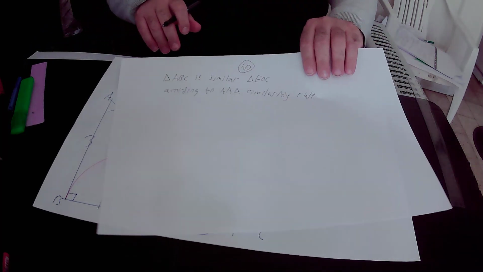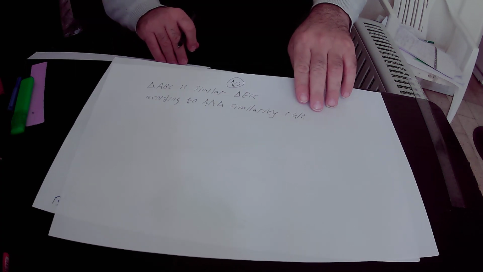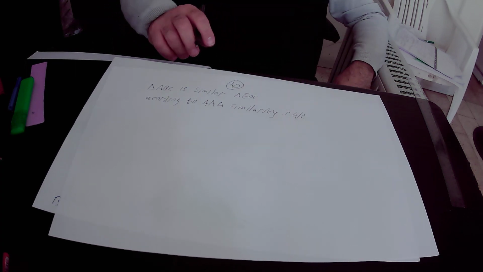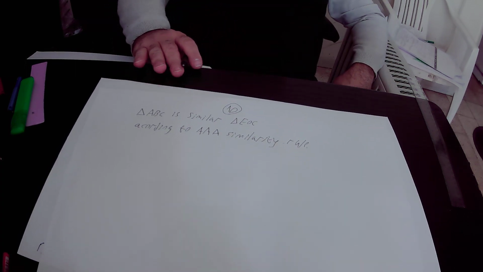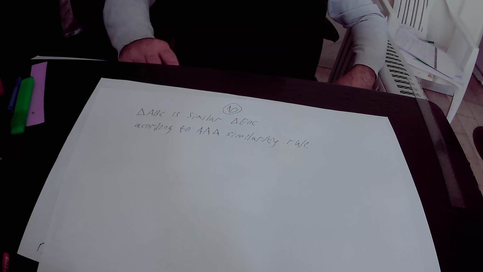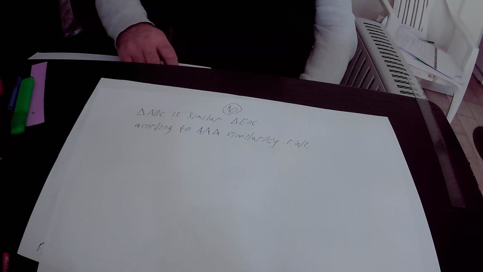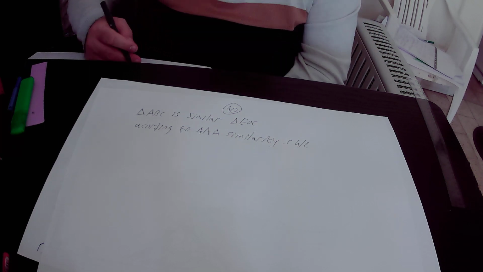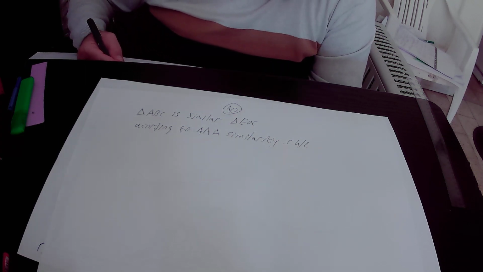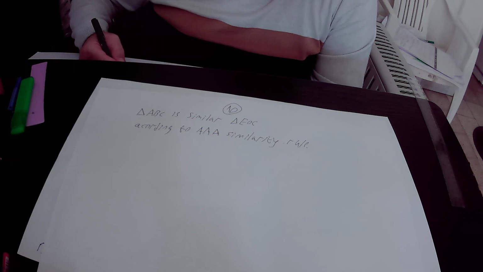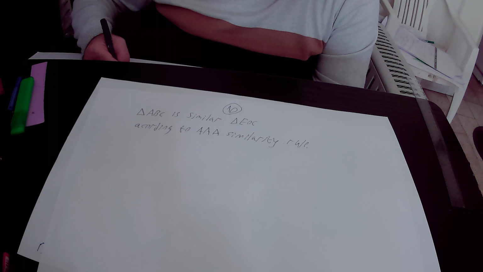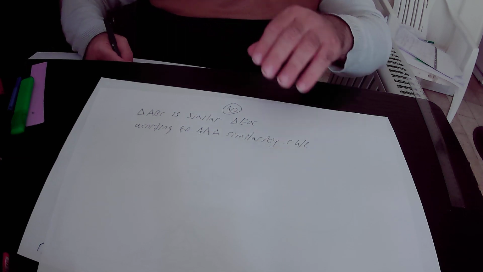We proved that triangle ABC is similar to triangle EOC according to the angle similarity rule. So what is the angle similarity rule? If you prove that three angles of one triangle are congruent to three angles of another triangle, then you prove that those two triangles are similar to each other.